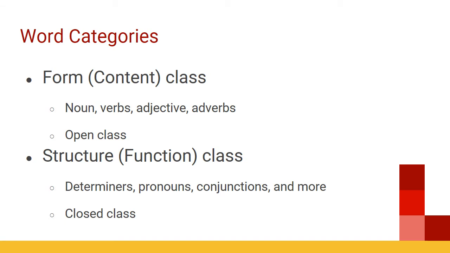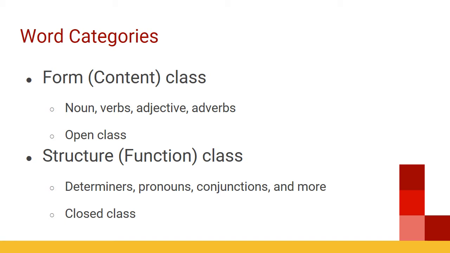When we talked about morphology, we would have talked about form class words, which are sometimes thought of as content class words, and the structure or function class words. The form class words are the words that have the most meaning in a sentence, and these are the nouns, verbs, adjectives, adverbs primarily.